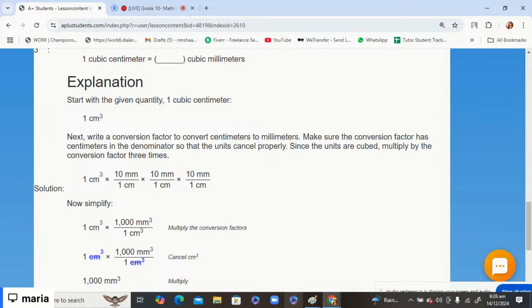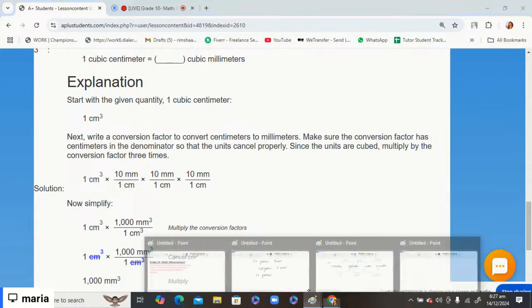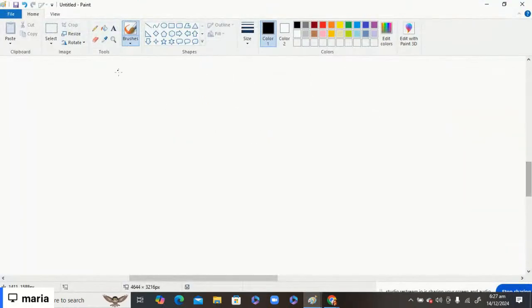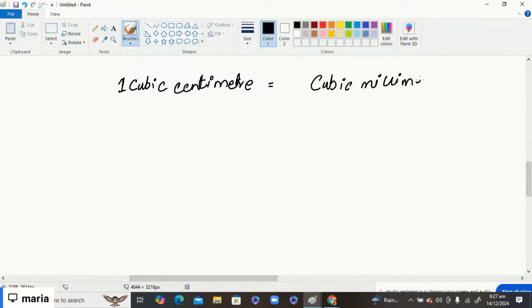Okay, 1 cubic centimeter is equals to how many cubic millimeter?